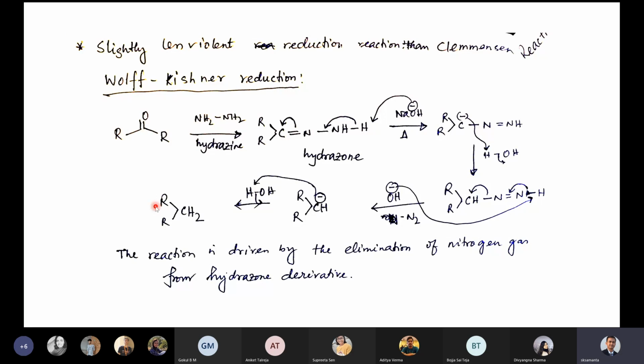So what is the mechanism? When we take hydroxylamine and react with carbonyl carbon, it forms oxime. When we take hydrazine and react with ketone, it forms hydrazone.